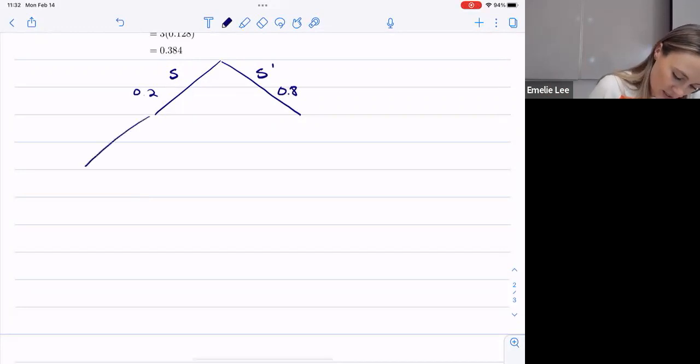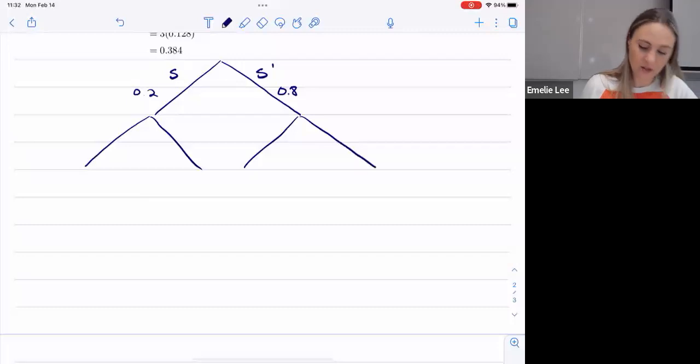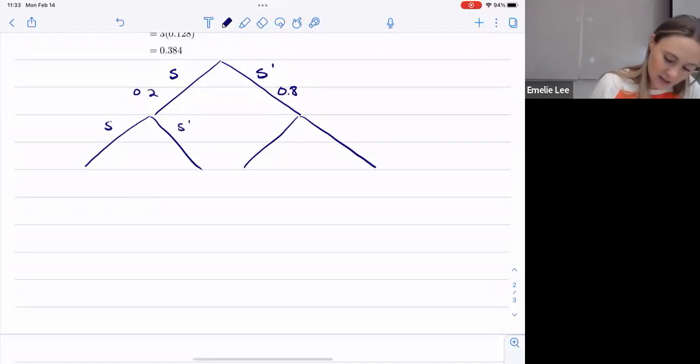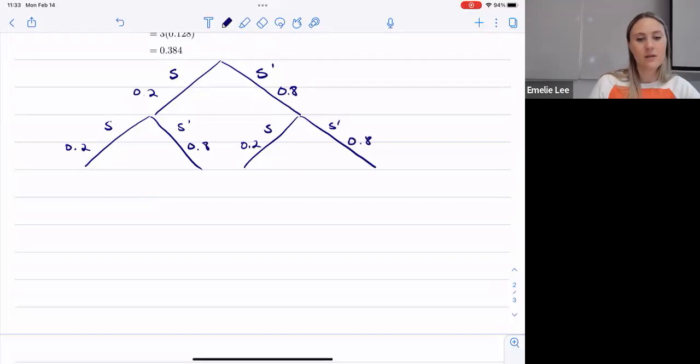Then I take my second shot, and you want to make sure that you give yourself enough space, and you'll see where there's a typo because there's 2 overlapping. So here there's S and not S, S and not S, 0.2, 0.8. These probabilities stay the same. We're assuming I don't learn any skills in this short amount of time.